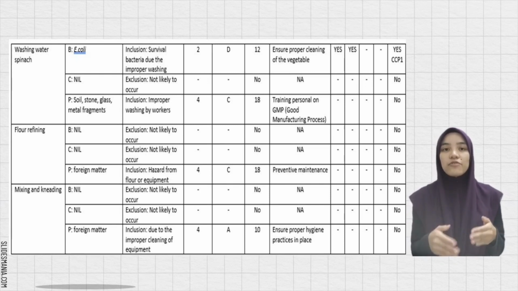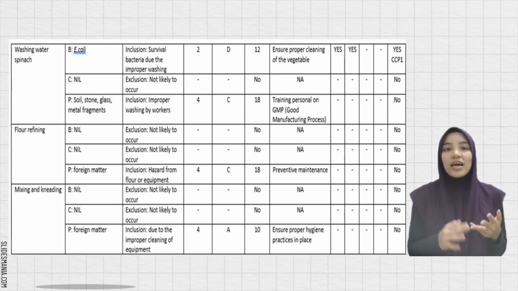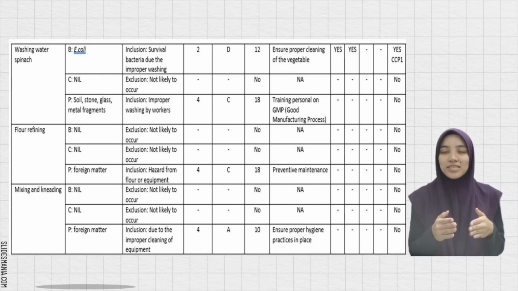The next step is flour refining, where the potential hazard is physical, which is foreign matter. Due to the hazard from flour and also the equipment, the severity is 4 and the likelihood is type C. So to control this, we use preventive maintenance.